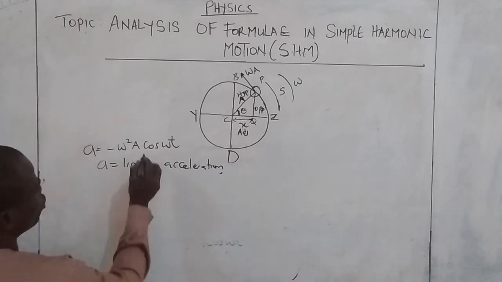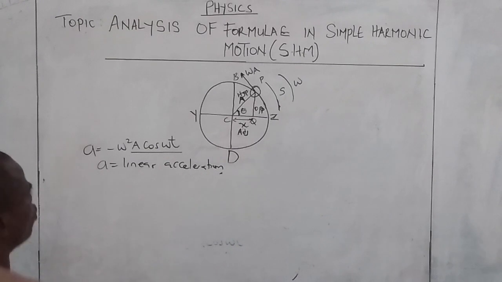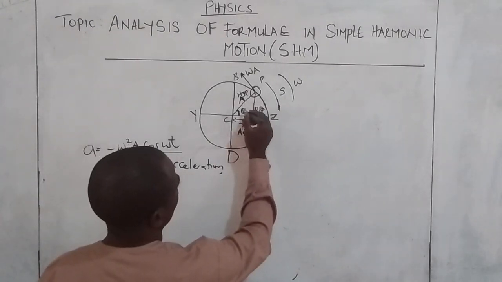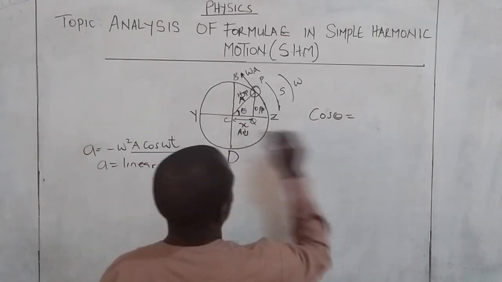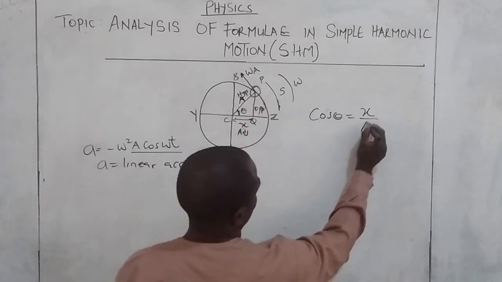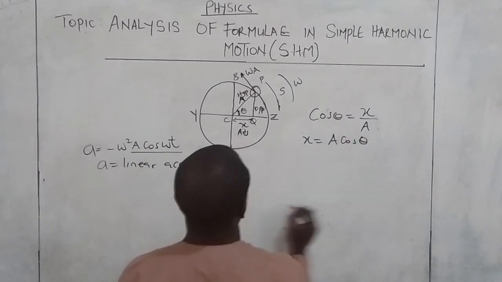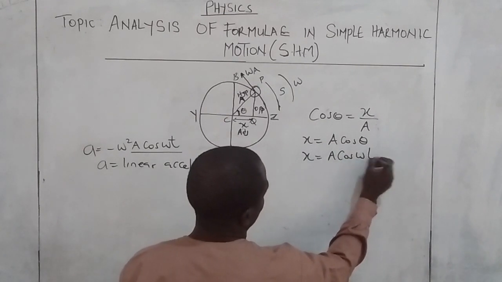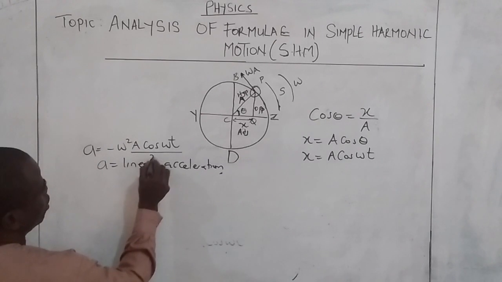Don't forget, we are going to replace A cos omega t back. How do we replace it? Don't forget that cos theta is adjacent over hypotenuse, x over A. x equals A cos theta, equals A cos omega t. We replace it back here; this one is now x.